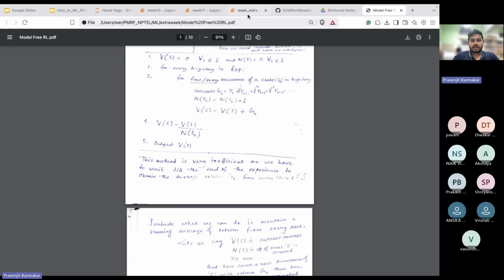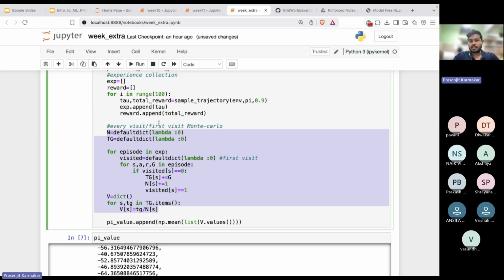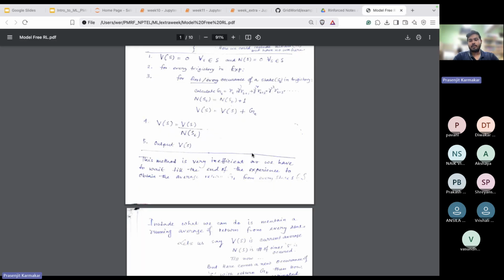In the code example, we collected 100 trajectories and then ran our algorithm. After you compute all the trajectories, you compute the value function, move to the next policy and collect experience again. So the next algorithm proposes an online method of doing the same thing.